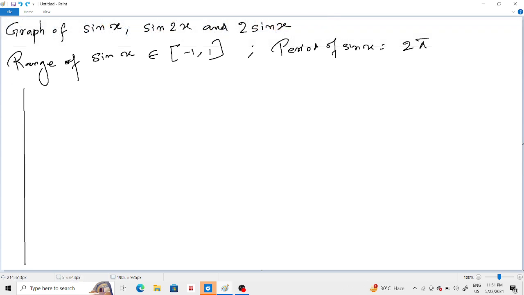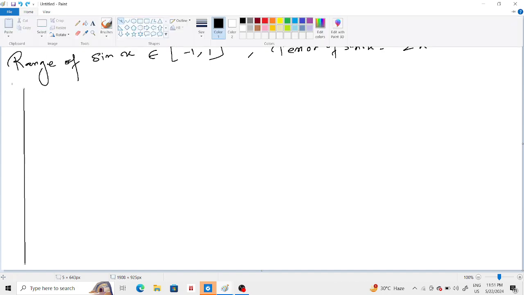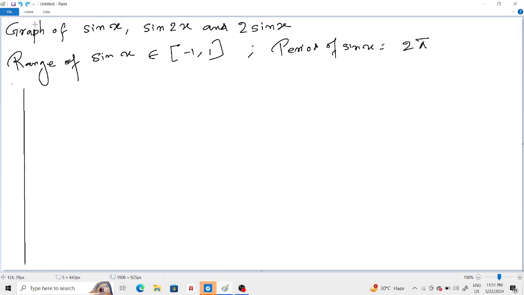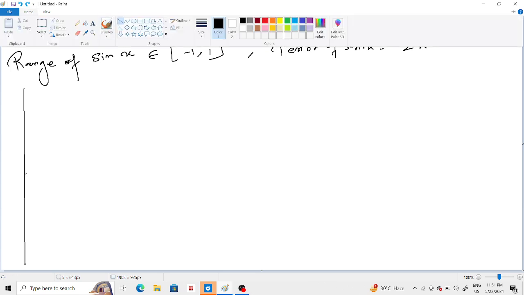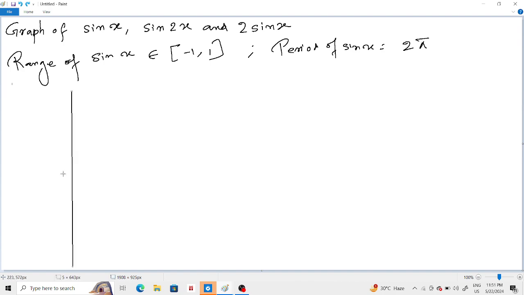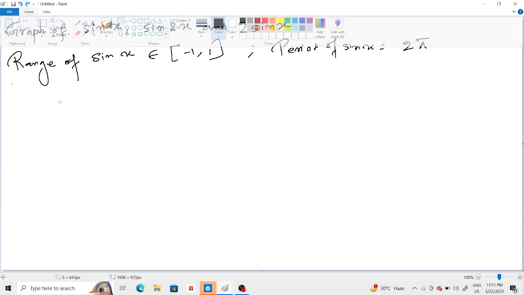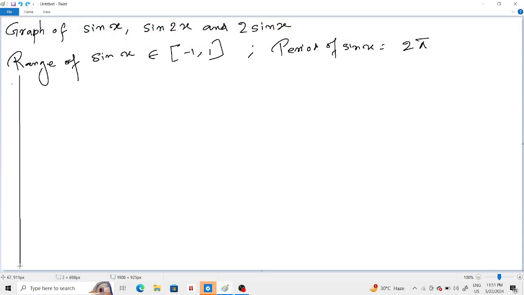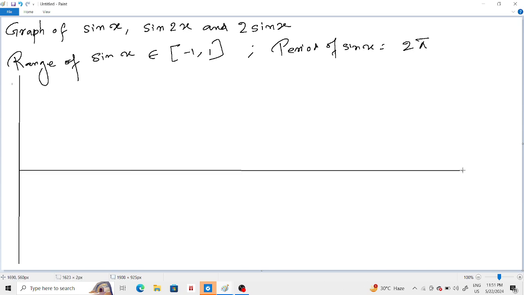This is the y-axis, and this is the x-axis.